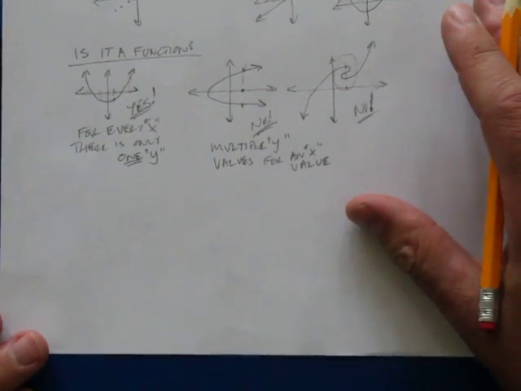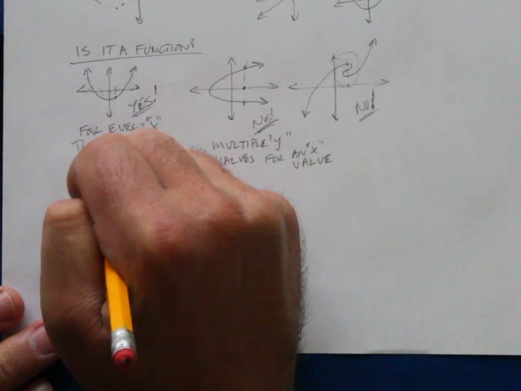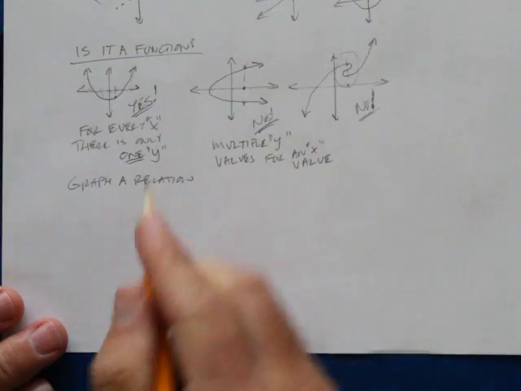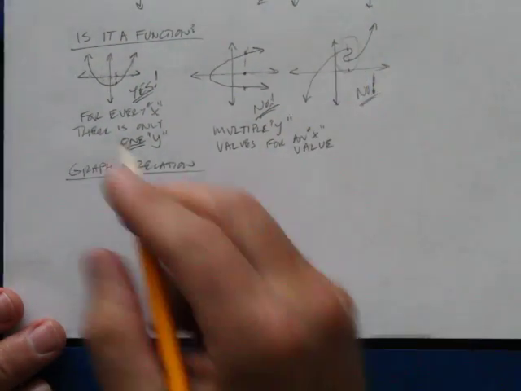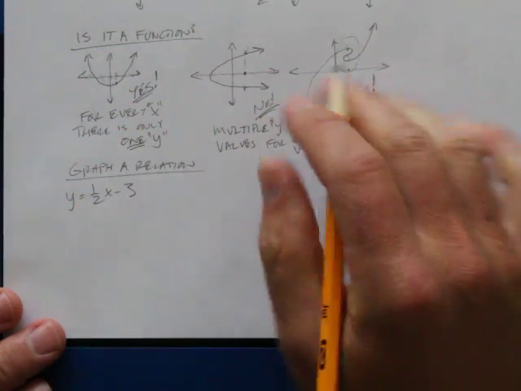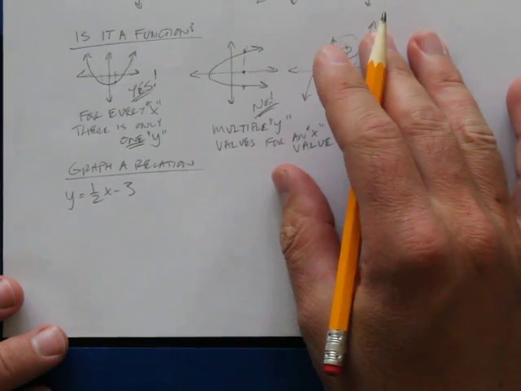All right, let's graph a relation. So let's graph y equals 1/2 x minus 3. Now, there are a few ways to graph this.